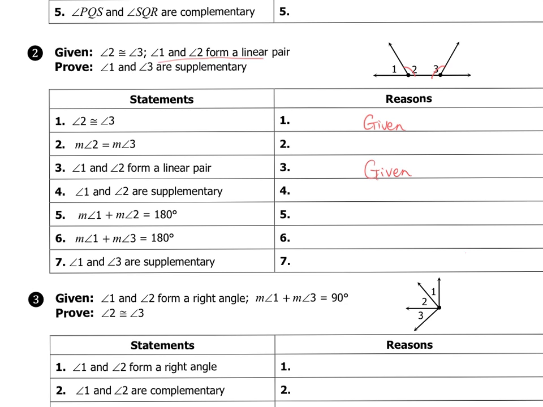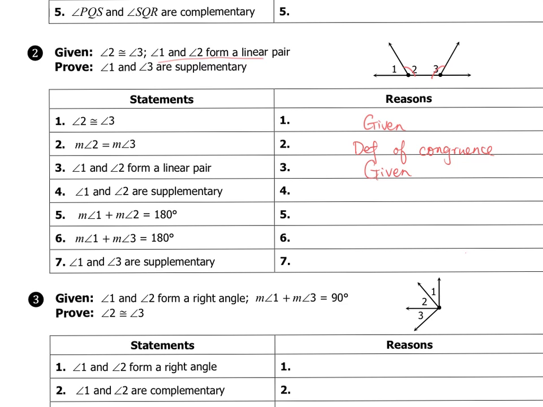Okay, so now I go back. Step 1, I know the two angles are congruent, therefore I can draw the conclusion that their angle measures are the same, and I can do that by definition of congruence. Step 3, angle 1 and 2 form a linear pair, and therefore I can draw the conclusion that they're supplementary.